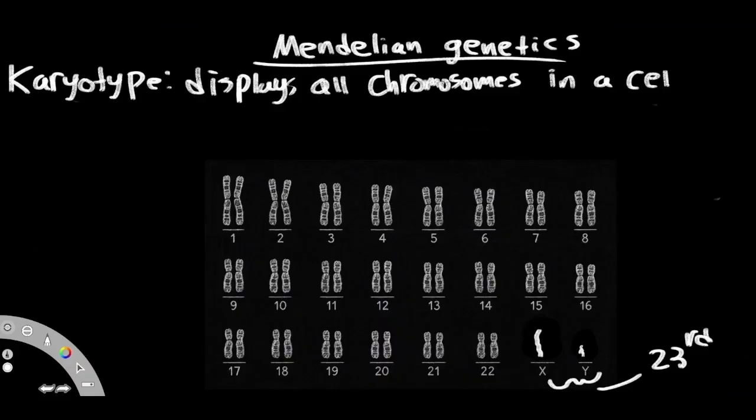And I just want you to remember that the homologous chromosomes that are the same size and shape and consist of similar loci of genes are paired together, okay? With the largest pair being at chromosome 1 and the smallest pair at chromosome 22. This is an individual that is healthy because there are 46 chromosomes in total, and all of these chromosome pairs are of similar size and shape, okay?